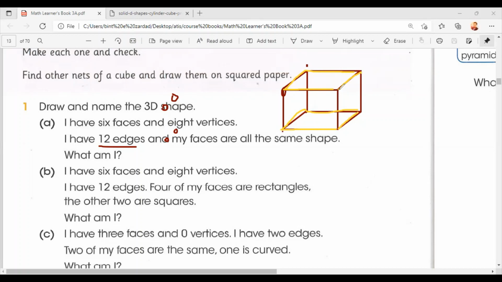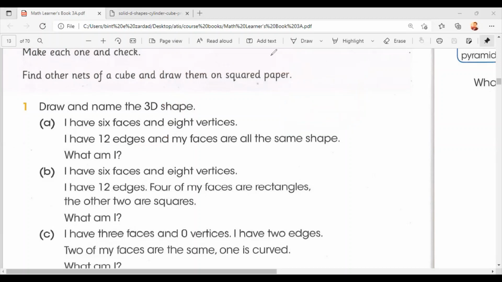So 8, and then up to down, 9, 10, and 11, this one, and 12, this one. So there are 12 edges. So this is a cube, and all my faces are the same shape. It is a cube, because a cuboid is different, it has 4 rectangle faces. So this is a cube. So we write here cube.